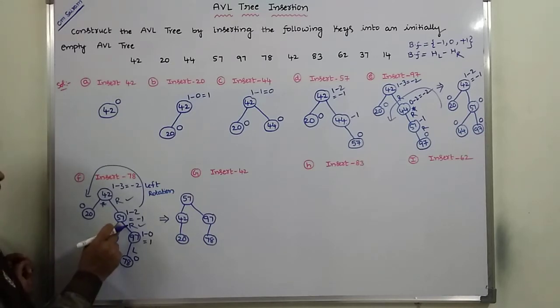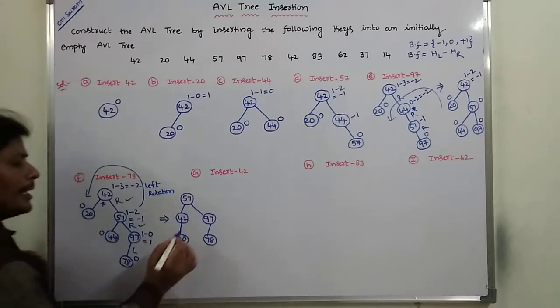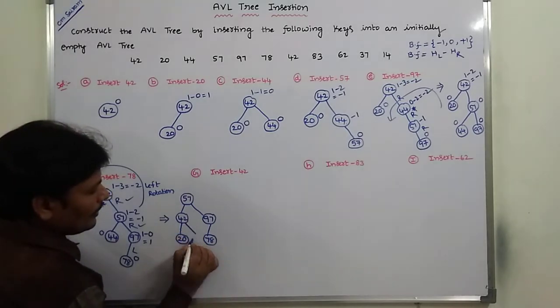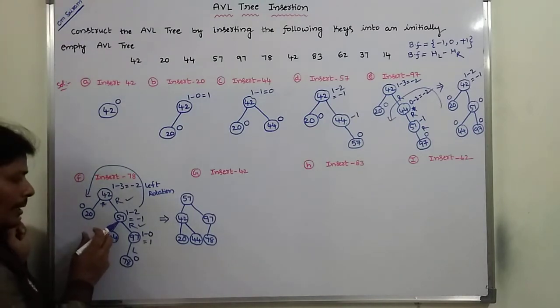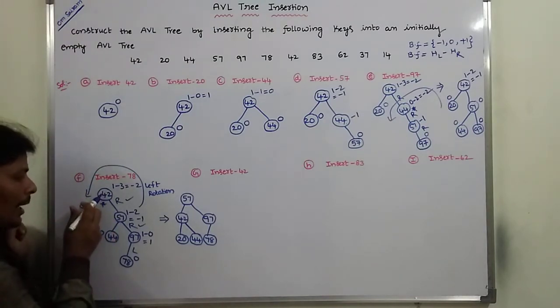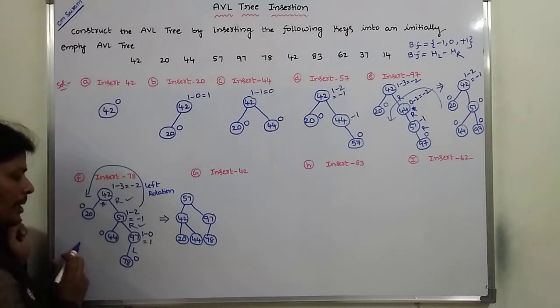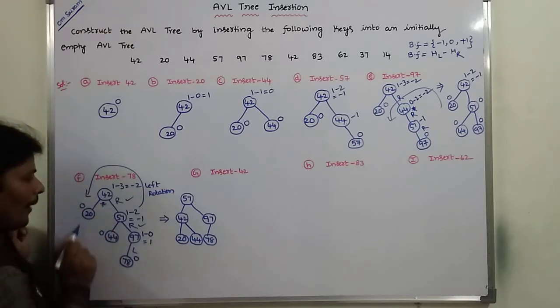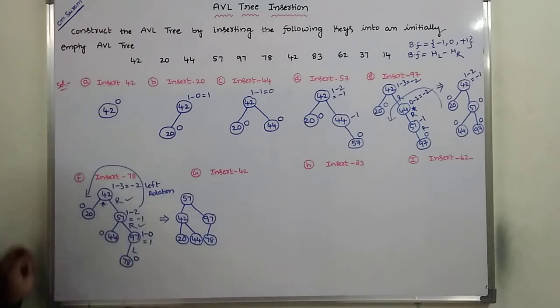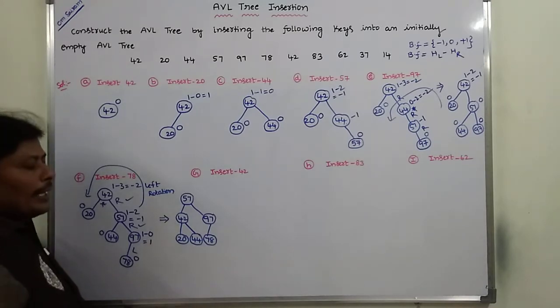Now 57's left child goes to 42's right child. This is what we are getting. So here only 57 goes up, 42 goes down, 20 goes down. 57 is the root node. Now 42's right child is the old left child of 57. So now this is the tree we are getting.